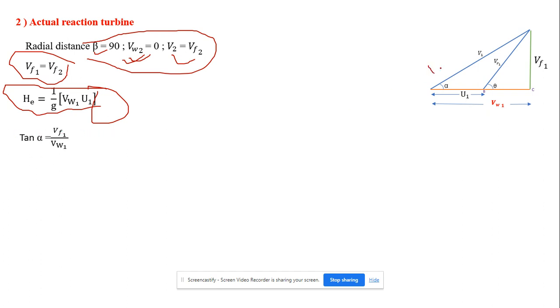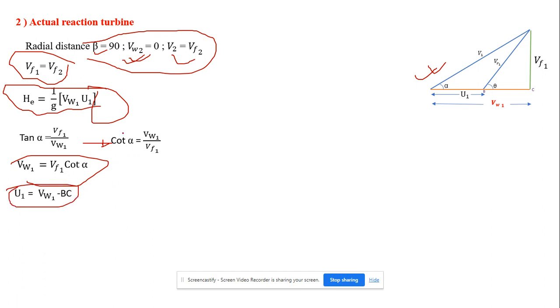From the inlet velocity triangle, tan alpha is equal to VF1 by VW1, whereas if we reverse that, cot alpha is equal to VW1 by VF1, so VW1 is equal to VF1 cot alpha.